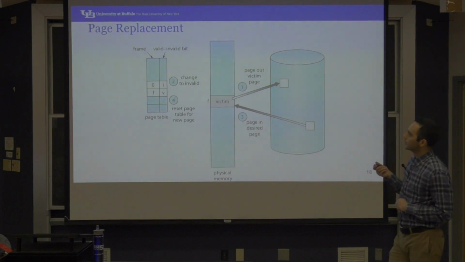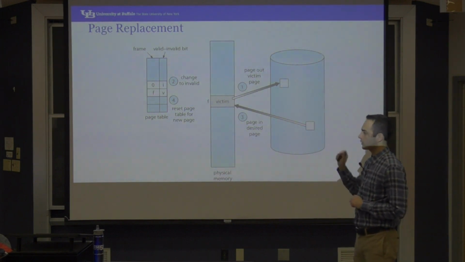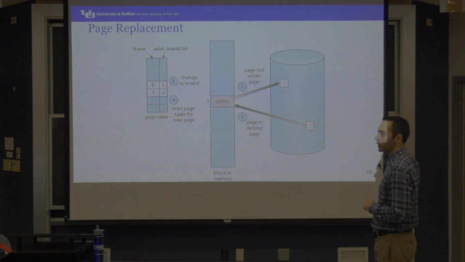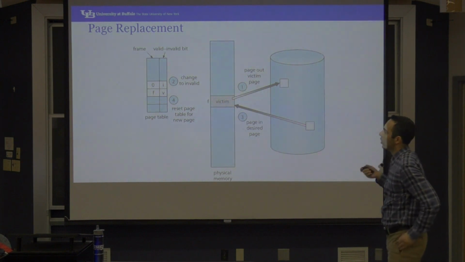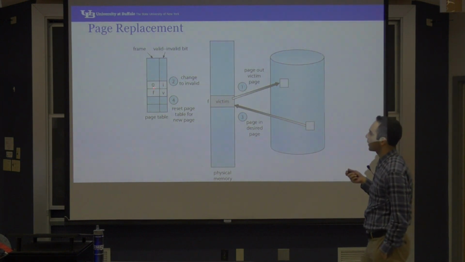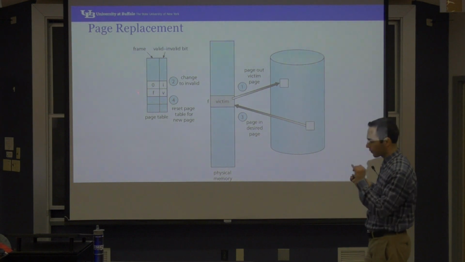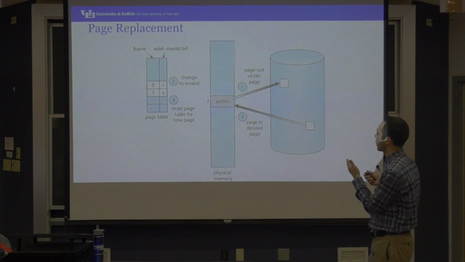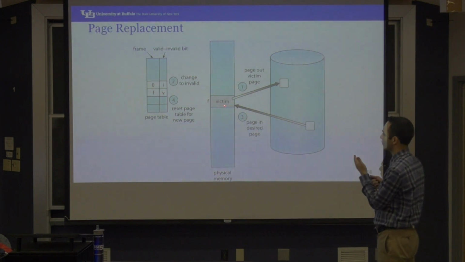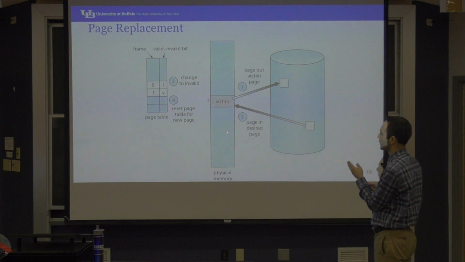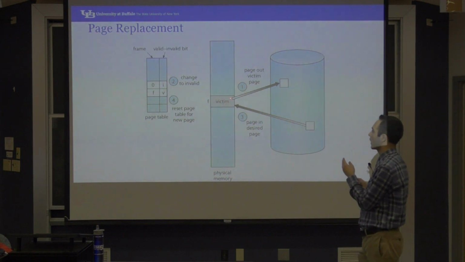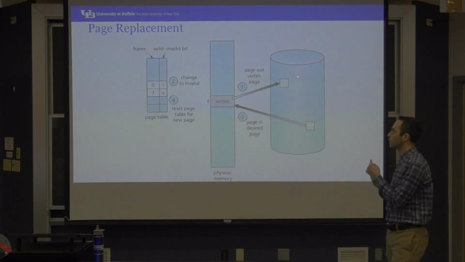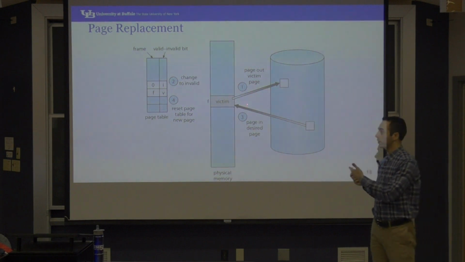So it's just like that, the operating system needs to take care of all the page tables. So during a replacement, this is the page table. In this example, we're just talking about one process. In the page table entry, we have the frame address here and an invalid bit here. So when the victim is picked in the physical memory, we page it out to the disk, considering it's dirty.